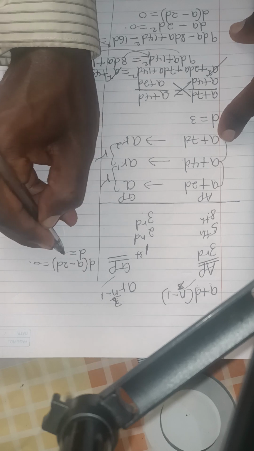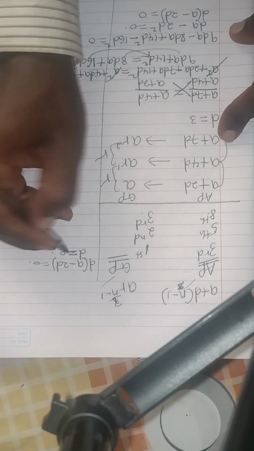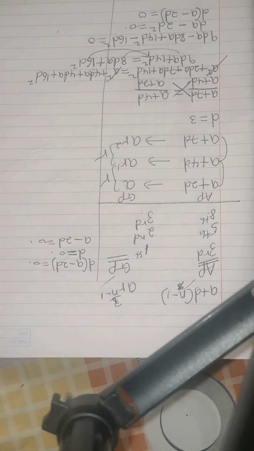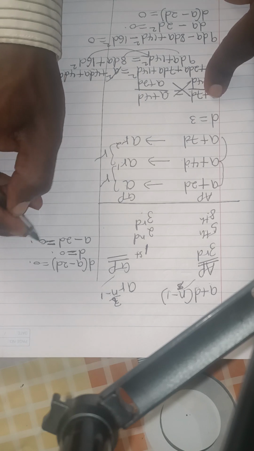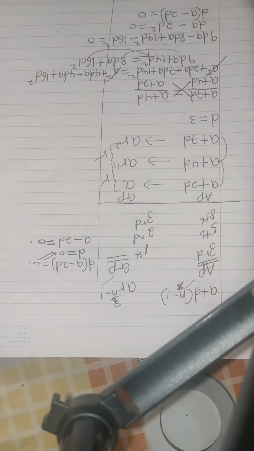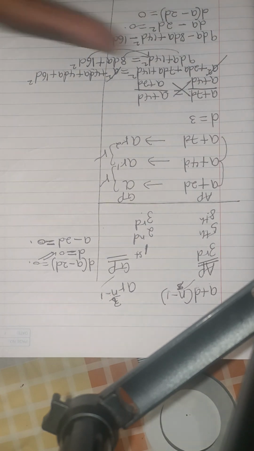So that means d can be 0, or a minus 2d is equal to 0. Very good. So d equal to 0 cannot give us any information in this question.